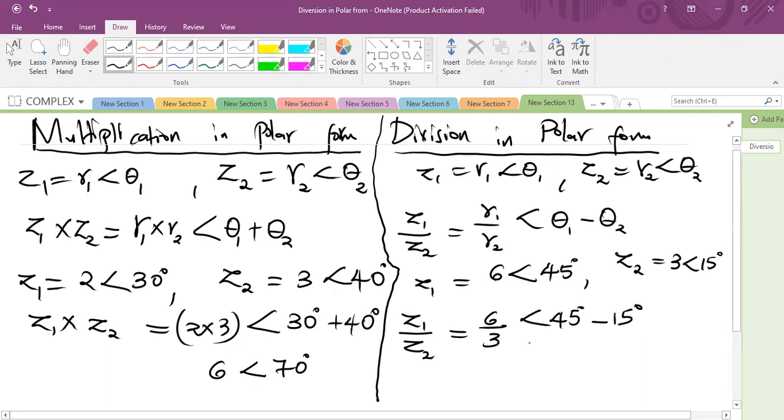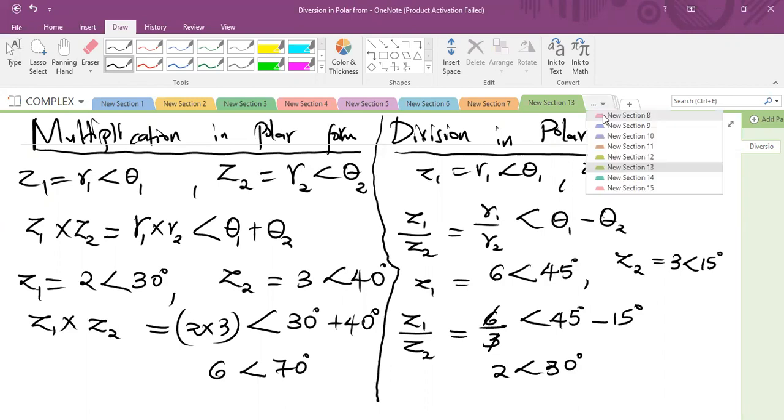So this is 2 and then this is 30 degrees. That's how you divide and multiply in polar. So when you're given two complex numbers and you need to divide or multiply in polar, this is how you go about it.